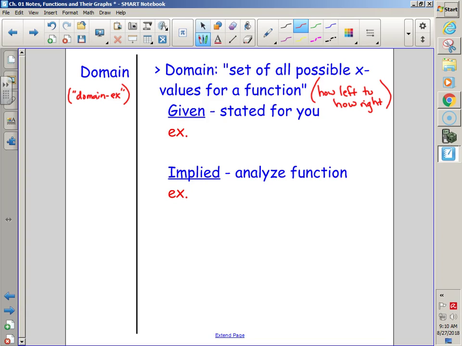What's going on at x equals 0 is a vertical asymptote. This is actually the function y equals ln of x. This is kind of a little premature, but that's okay. My question to you is, what's the domain of this function? And look at what I just wrote: how left to how right. If I was to start somewhere in the middle of this guy and start going left, how left can I go?